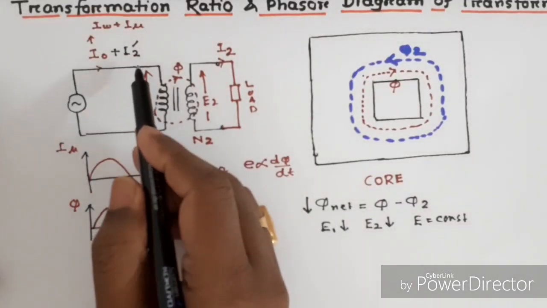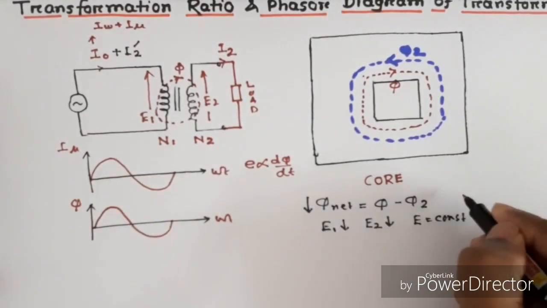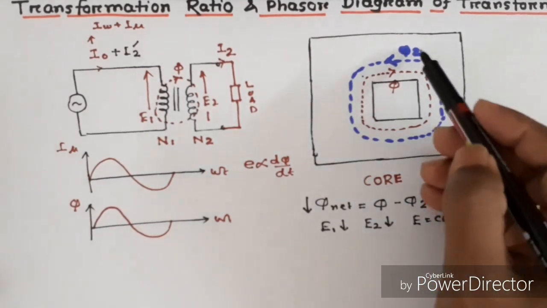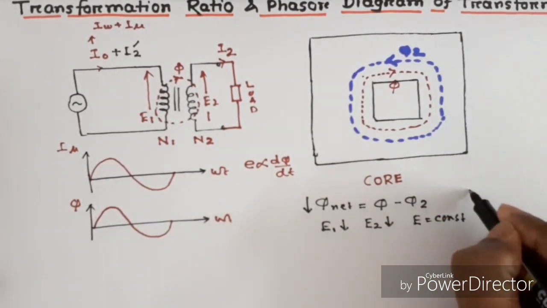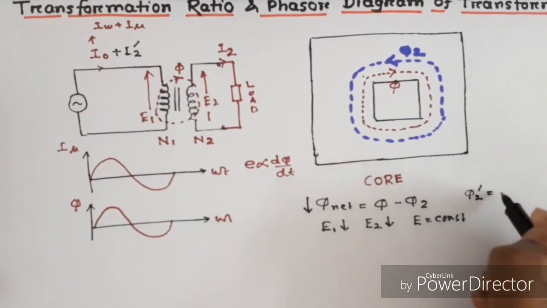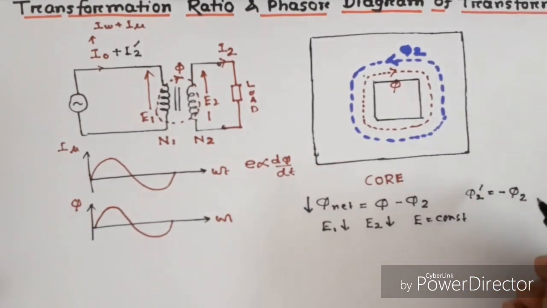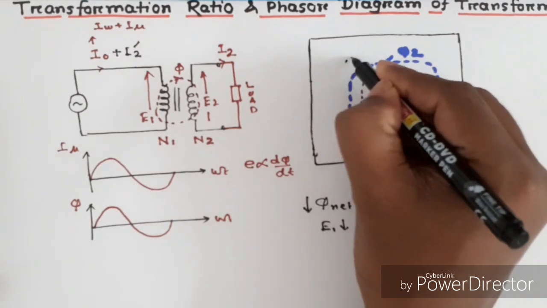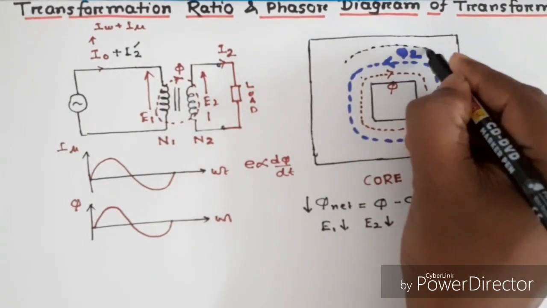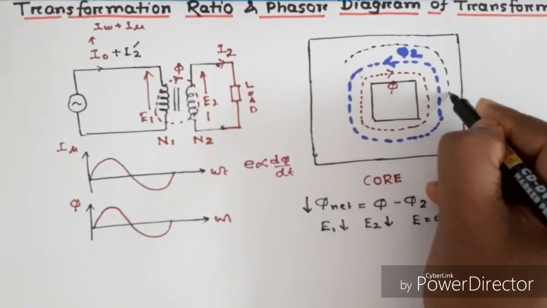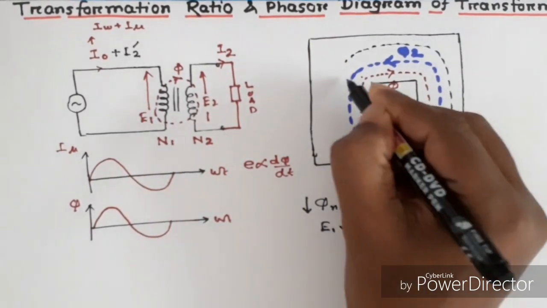Due to current I2 dash, the flux phi 2 dash will be equal in magnitude to phi 2 but opposite to phi 2. Phi 2 dash will be minus phi 2.